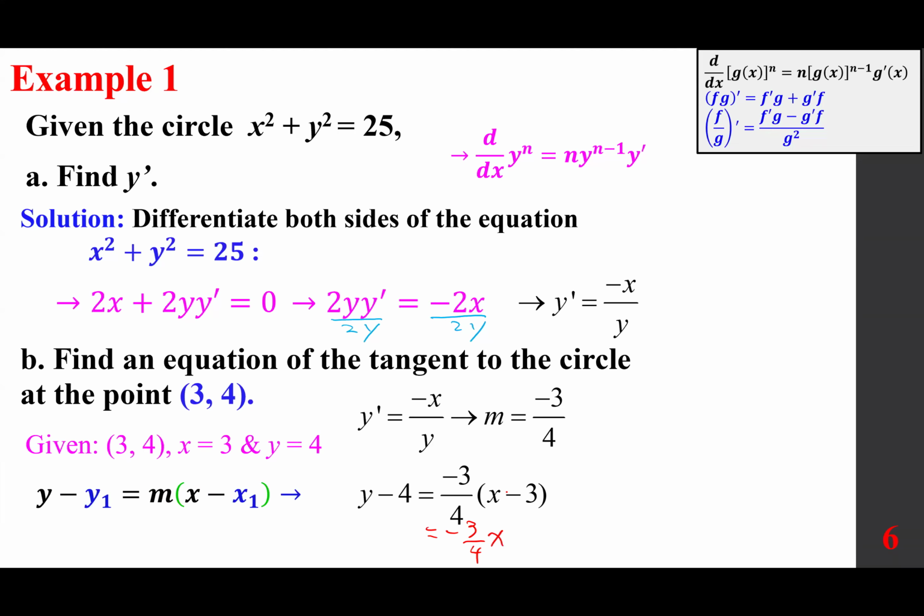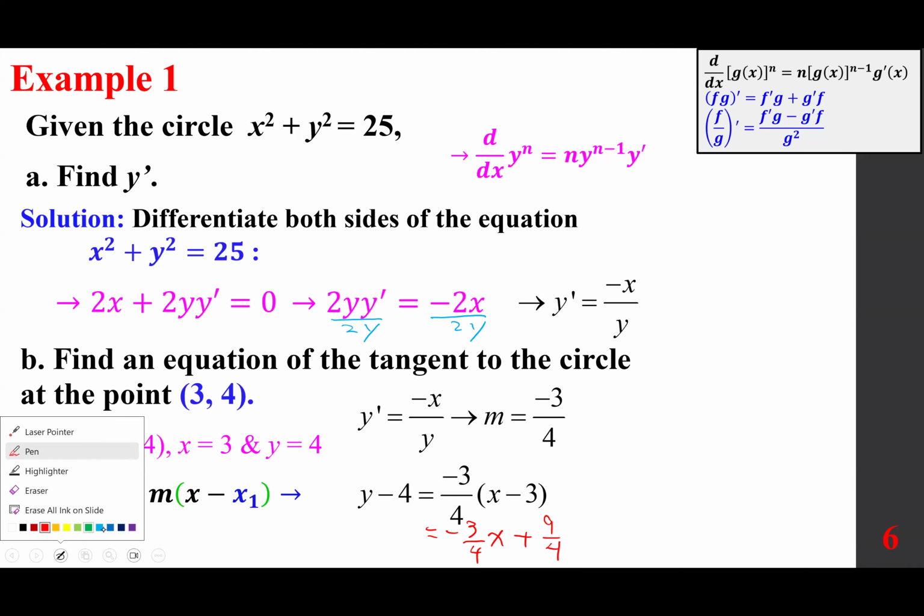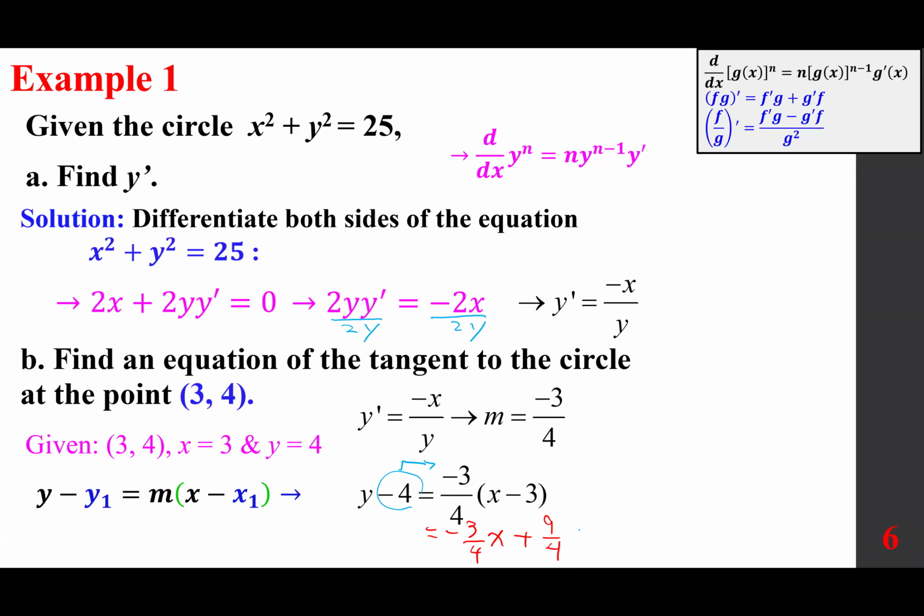Negative 3/4 x plus 9 over 4. Move this, make it positive 4. And positive 4 is the same as 16 over 4. With 9 over 4 it becomes 25 over 4.